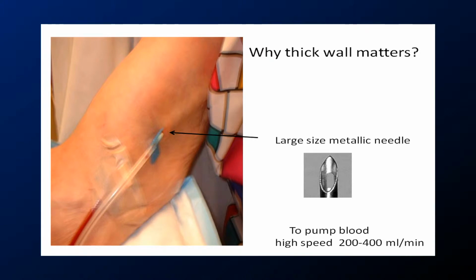Why does a thick wall matter? Very simply because we have to use a very large metallic needle that pokes a hole in the vein to pump blood out at high speed. Now, with high blood flow rate, high pressure, a thin wall and a large needle, we can ask for problems: bleeding.